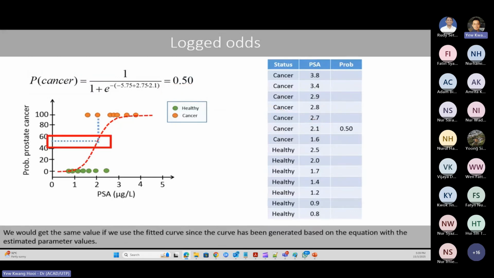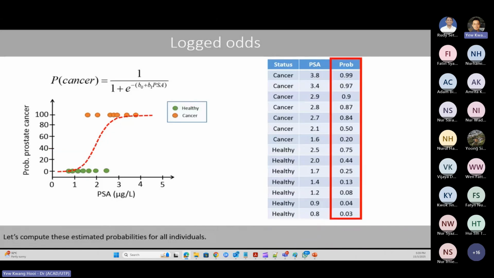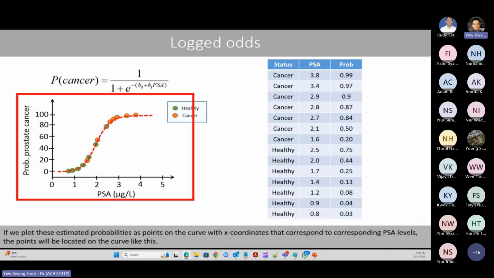We will get the same value if we use the fitted curve, since the curve has been generated based on the equation with the estimated parameter values. Let's compute these estimated probabilities for all individuals. If you now plot these estimated probabilities as points with x-coordinates that correspond to the PSA levels, the points will be located on the curve like this.